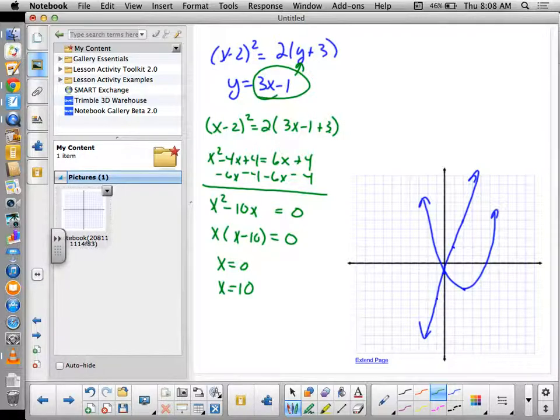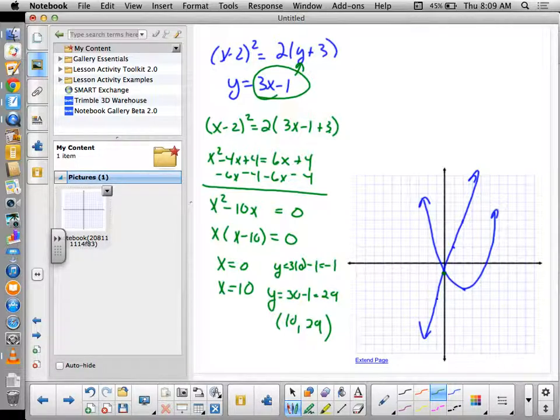If x equals 0, we substitute into the original equation, and y equals 3 times 0 minus 1, which is negative 1, so that gives me a point 0, negative 1. That looks about right. If x equals 10, y equals 30 minus 1, which is 29. So 10, 29 is my other point of intersection, which makes sense. Where did we run into a difficulty here?